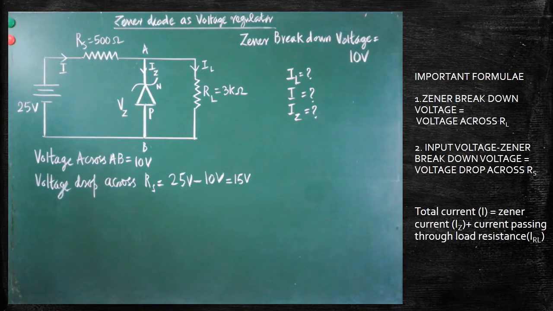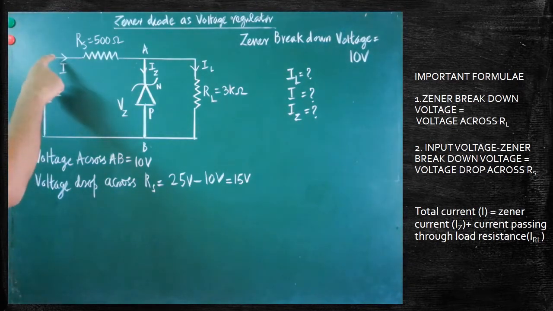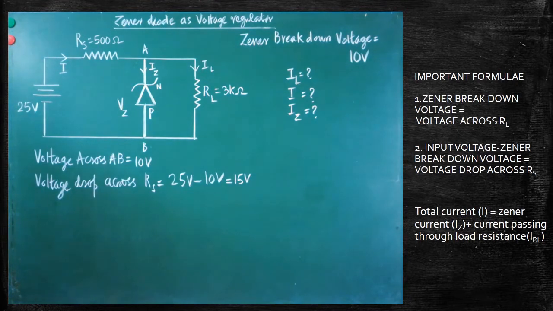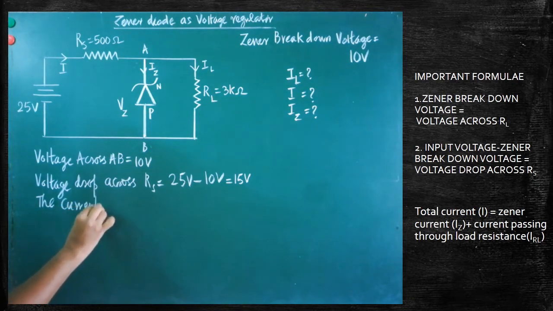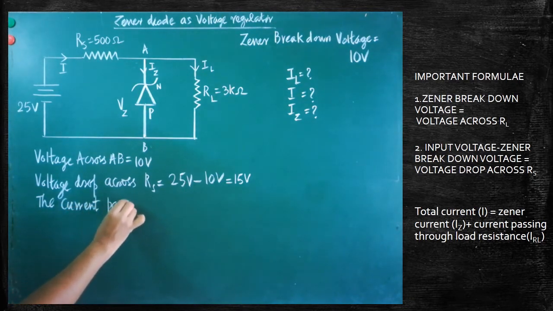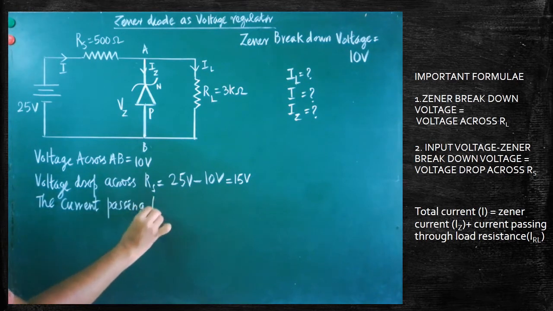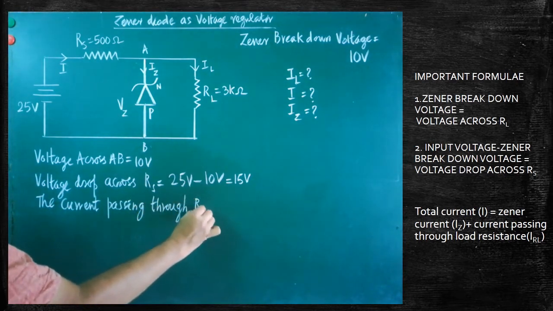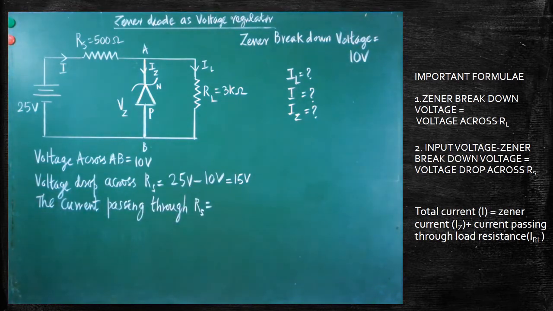Now we are going to calculate the current passing through the 500 ohm resistance. So the current passing through RS is to be found out. We have to apply Ohm's law.